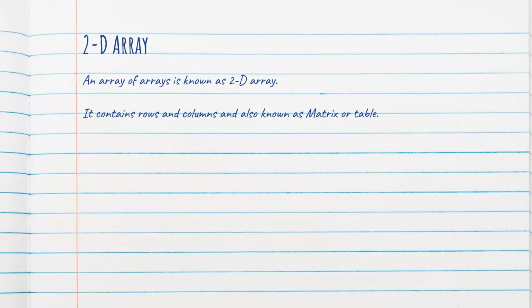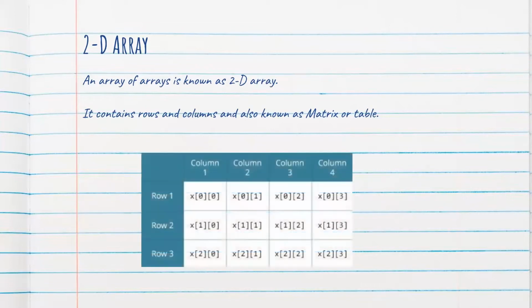a 2D array also contains rows and columns, and we can access any element in a 2D array with the help of its row number and its column number. So here's an example of a 2D array in which you can see that there are 3 rows and 4 columns.